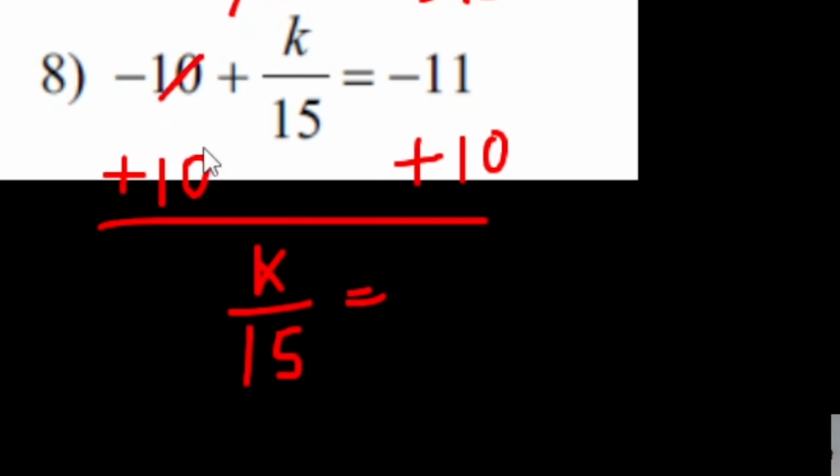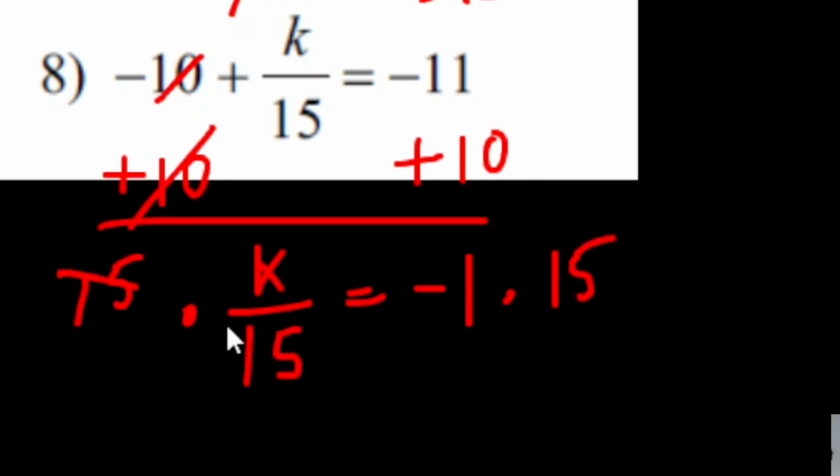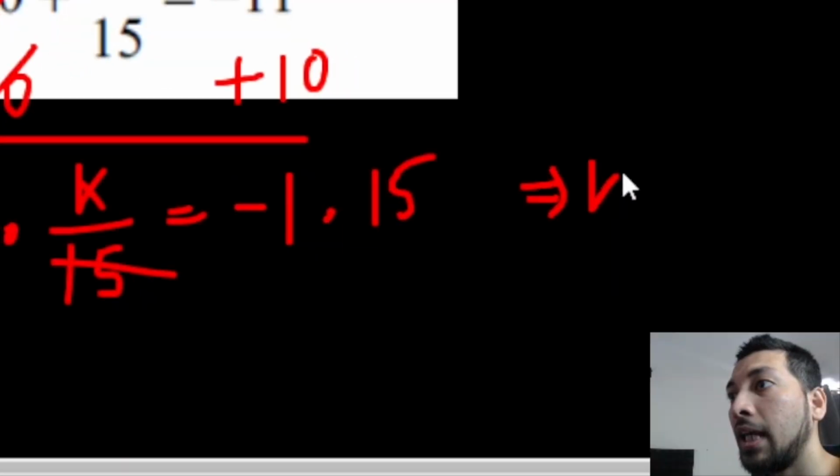So this cancels out. Negative 11 plus 10 is negative 1. Now I can do the multiplication on both sides. So multiply both sides by 15. Remember that this fraction bar means division. So multiply both sides by 15. You have k equals negative 15.